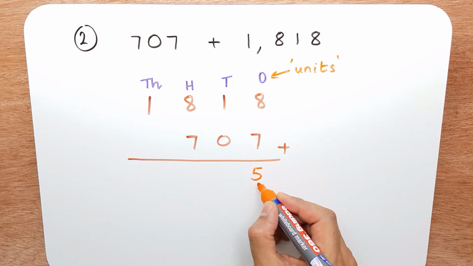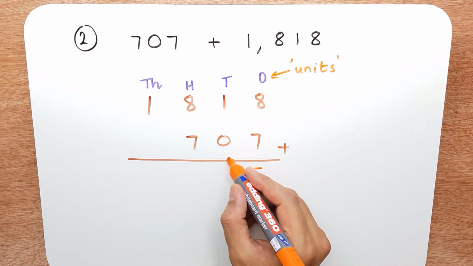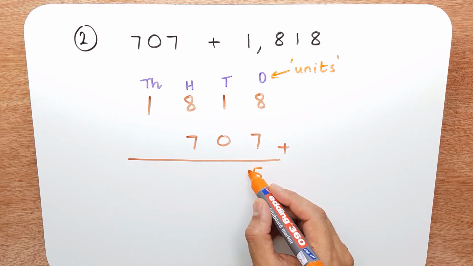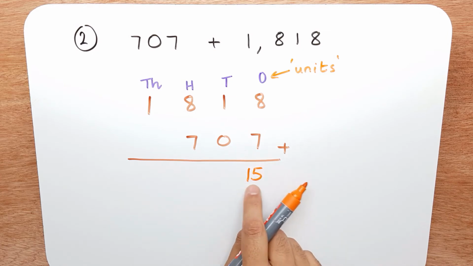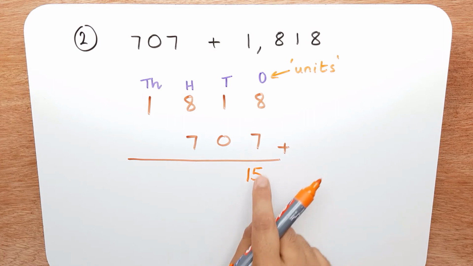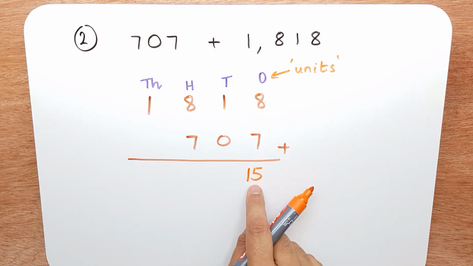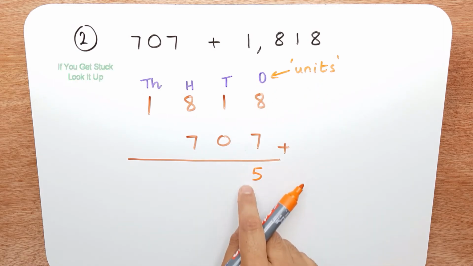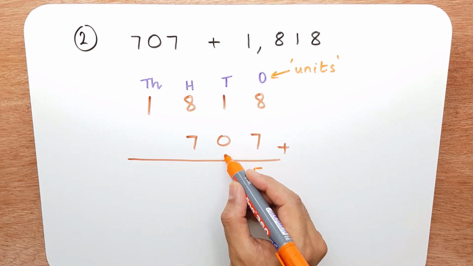We carry the 1 over to the next column because we can't write 15 here. That would be wrong because we have 2 digits in one column. So we can't do that. So we have to carry the 1 over to the next column.